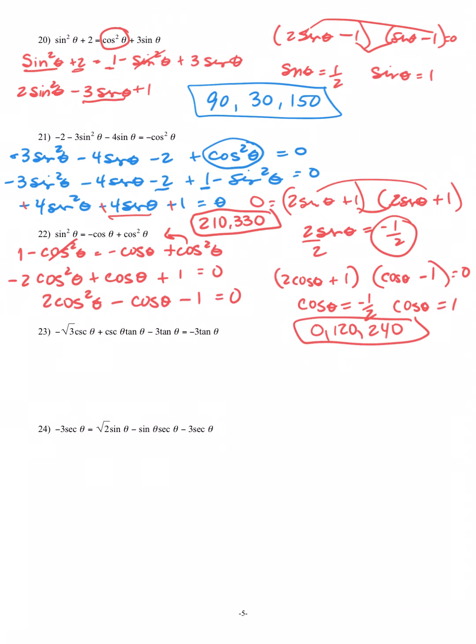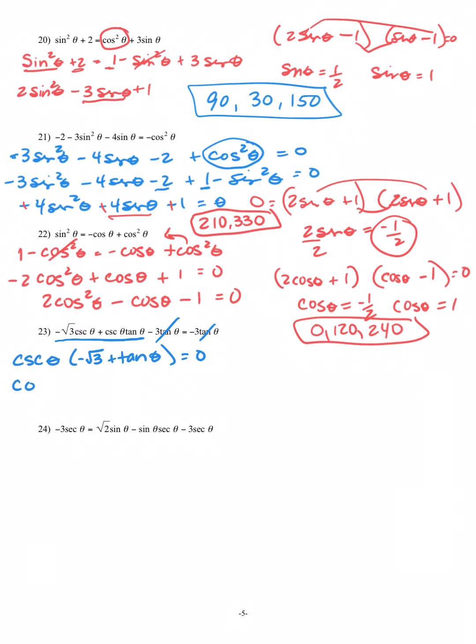So this one here, the negative 3 tan of theta is on either side of the equal sign, so you can get rid of them. And then you're left with this equals 0, and they have a cosecant in common. So it's going to be cosecant of theta, negative root 3 plus tan of theta equals 0.